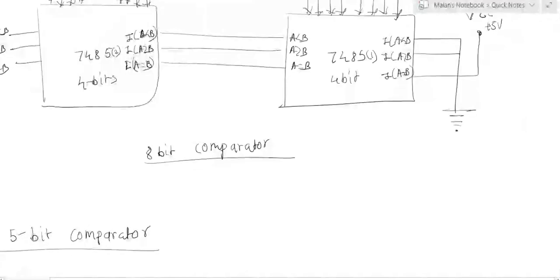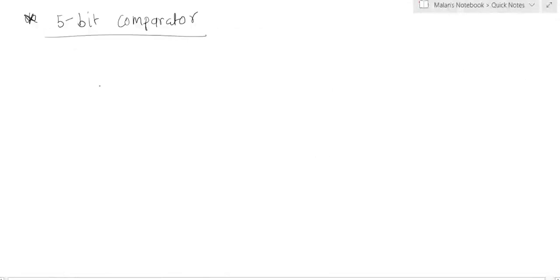Now for the 1-bit comparator, we have expressions. A greater than B is equal to A0 B0 bar. A less than B, we have A0 bar B0.